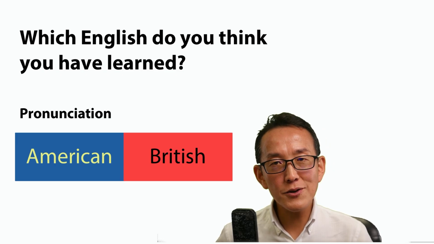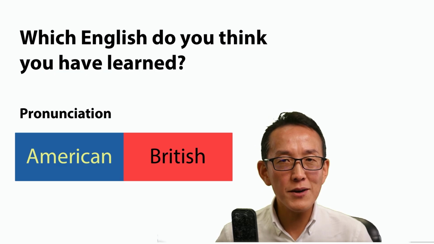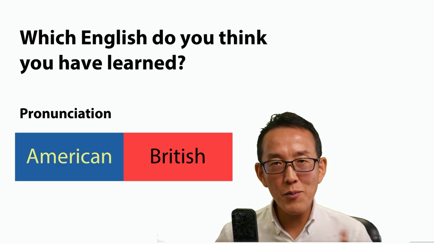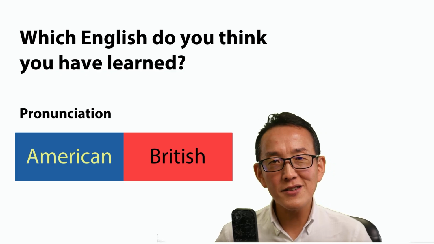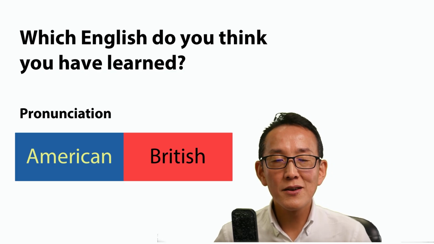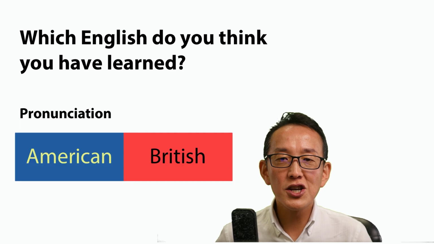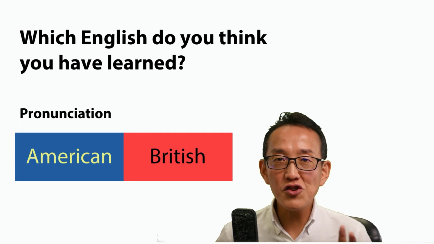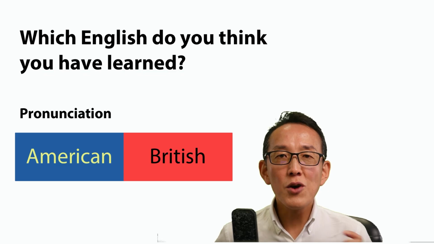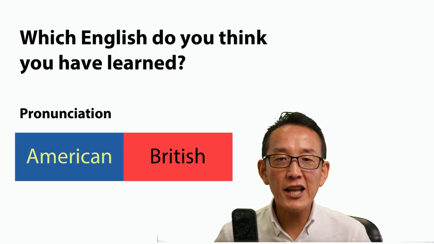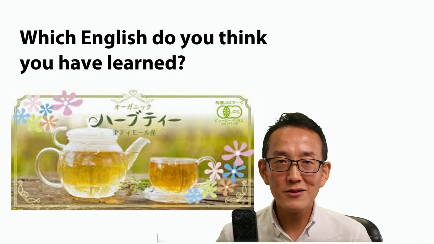So when it comes to pronunciation, I think most Japanese learners are more familiar with American pronunciation. However, there are some exceptions, I would say. For example, words such as news and Tuesday are often pronounced in a way that is kind of closer to British English. We also tend to pronounce the H in herb, but American says herb.